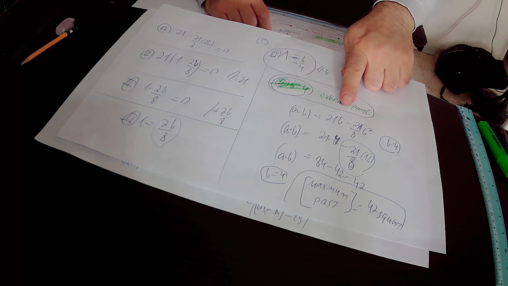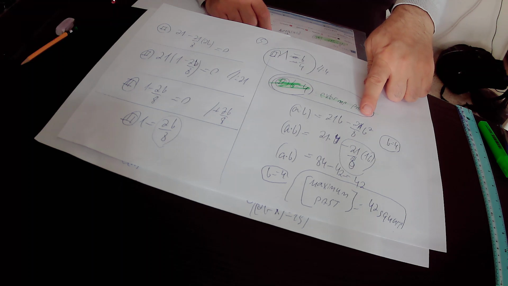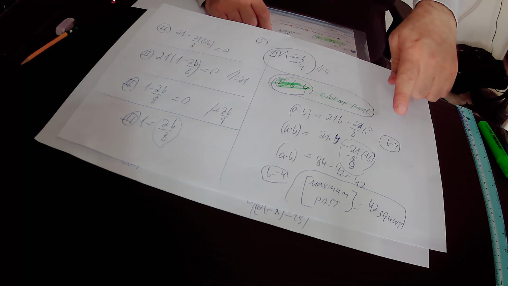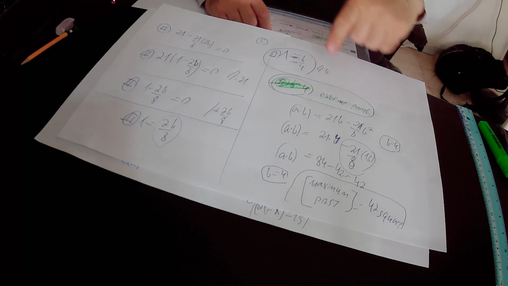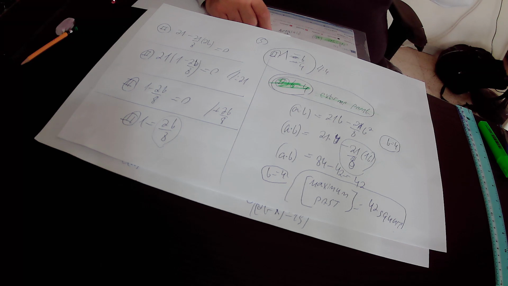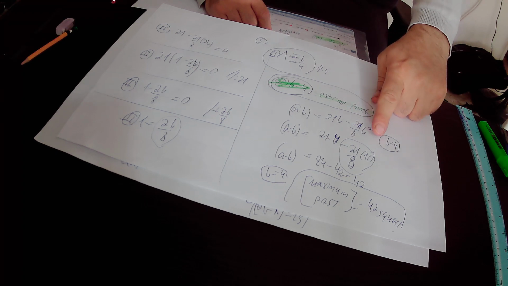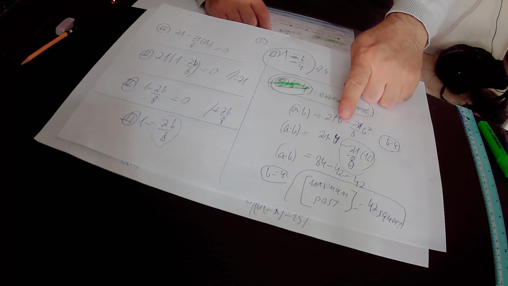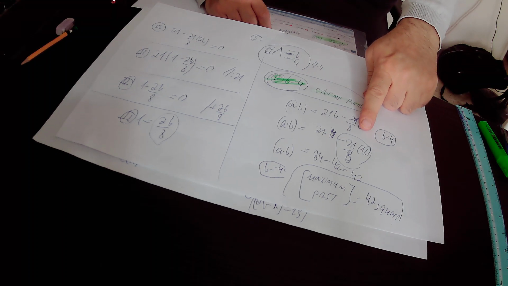So it is 21b, and b is 4, therefore it is 21 times 4 minus 21 over 8 times b squared. b is 4, therefore b squared is 4 squared, that is 16. So in conclusion, the maximum area of rectangle PQST when b equals 4 is equal to 21 times 4 minus 21 over 8 times 16. 21 times 4 is 84. In this expression, 16 over 8 is 2.